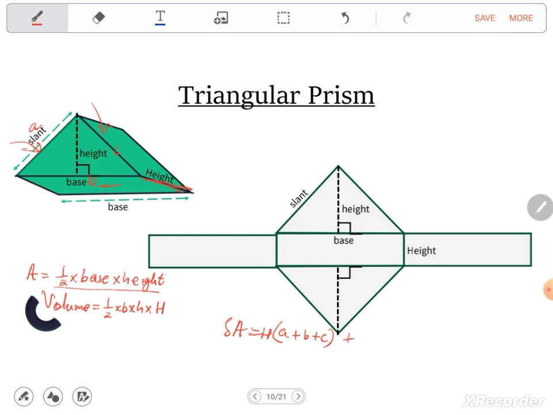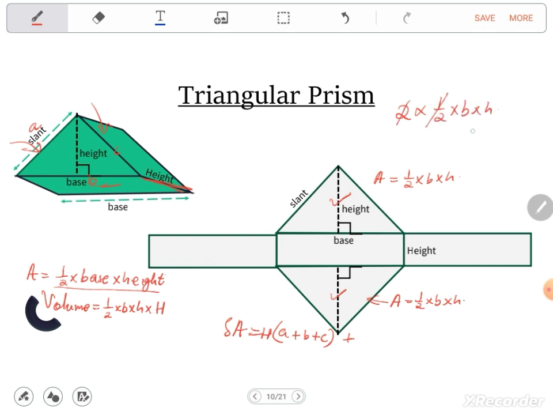Plus, now we have the triangle at the front and the triangle at the back. The triangle at the front has the area half base times height, and this one here has the area half base times height. So there are 2 of them, and we simply say 2 times half times base times height.